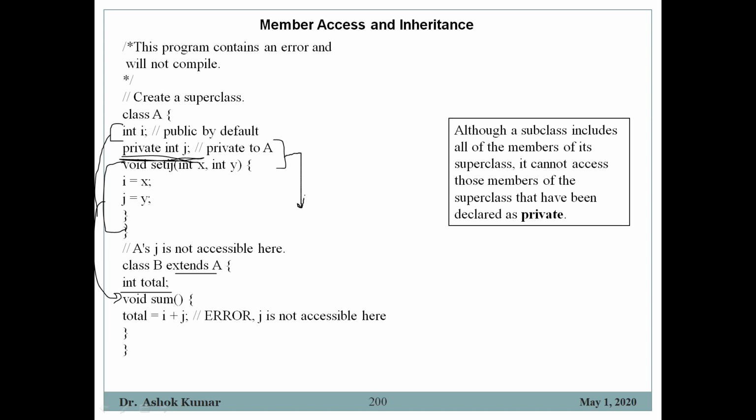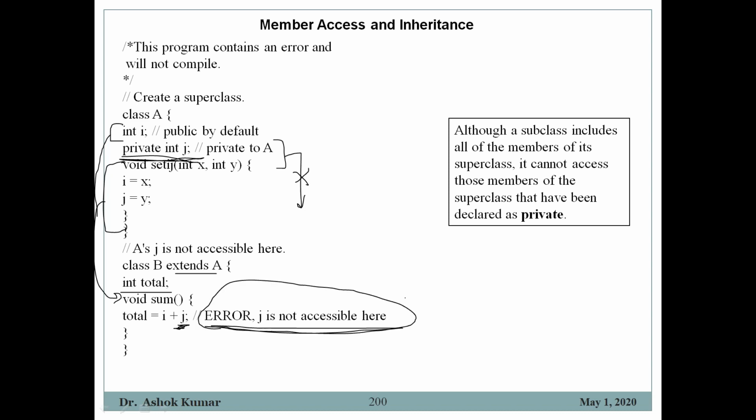I'm going to show it here with a cross that this will not be available in the subclass. So j cannot be used directly in the subclass. If you use j directly in the subclass, that will give you an error because this is not accessible. j is the private member.